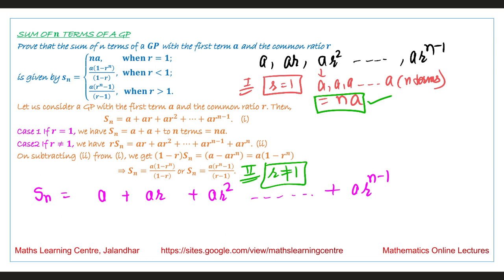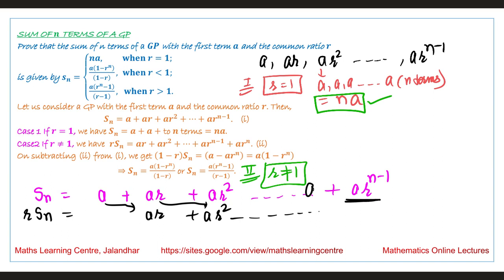Now if we multiply this whole expression with r, we get r into Sn. This a multiplied with r gives ar, this multiplied with r gives ar square, so on up to the term ar raised to the power n minus 2, which multiplied with r gives ar raised to the power n minus 1, and the last term gives ar raised to the power n.